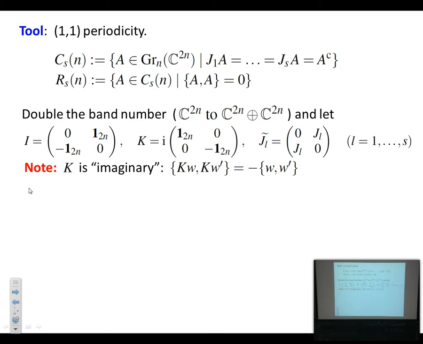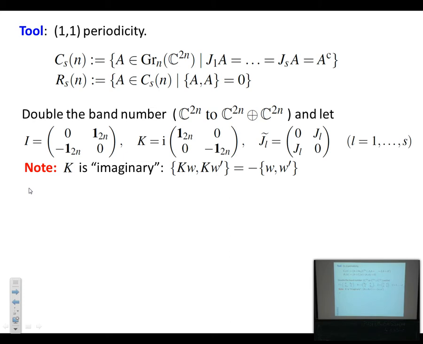This one fails to be orthogonal. It reverses the sign of the bracket. Notice that I could have made a different choice. I could have left out the I. Then it would have preserved this, but then it would have squared to +1. I like it better this way because some of the formulas look more uniform, but it's equivalent.